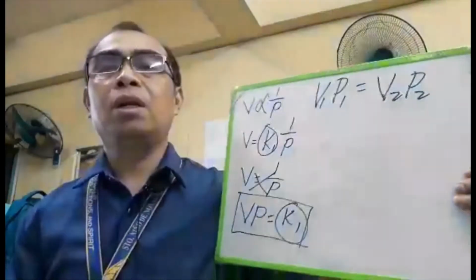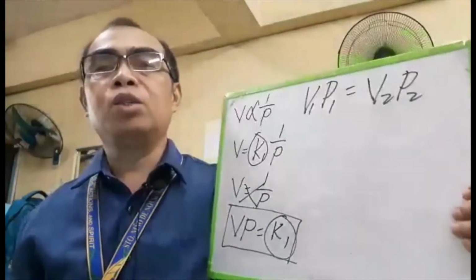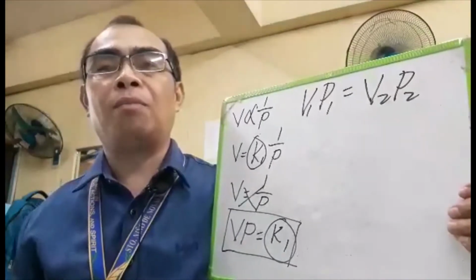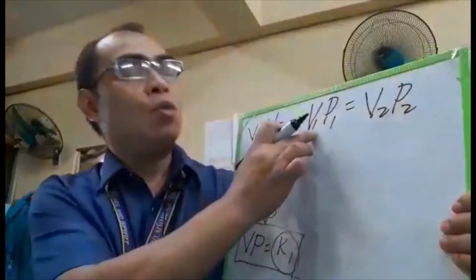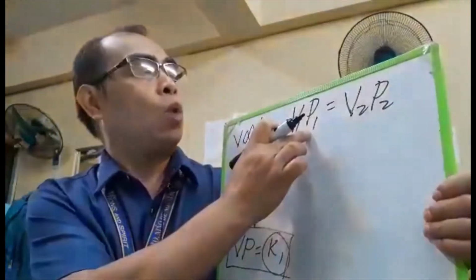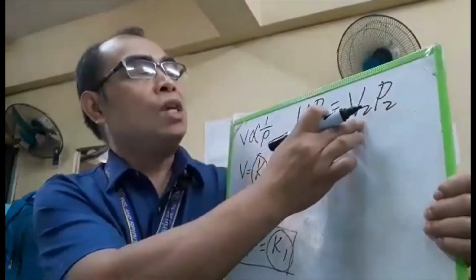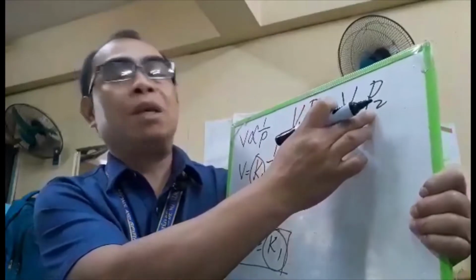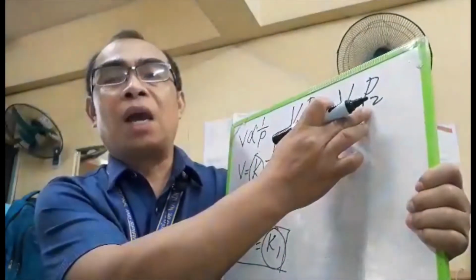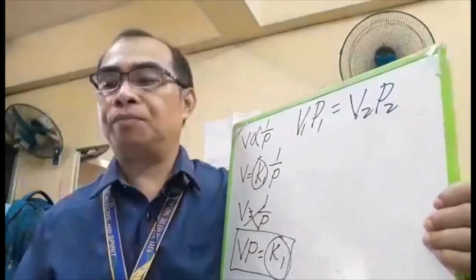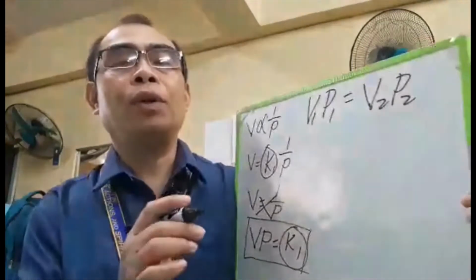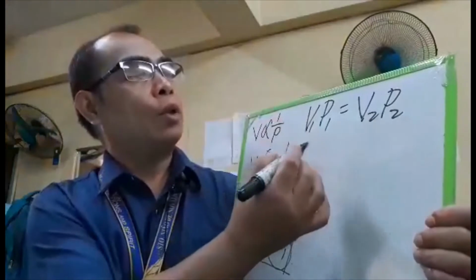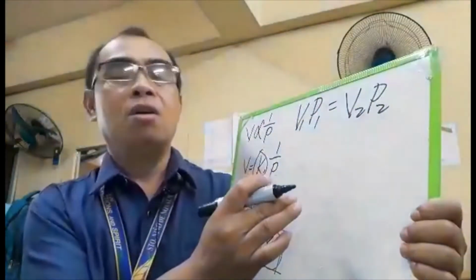Always remember that Boyle's law is known as a volume-pressure relationship. V1 is initial volume, P1 is initial pressure, V2 is final volume, and P2 is final pressure. Now, how are we going to solve for, let's say, the final volume or final pressure?